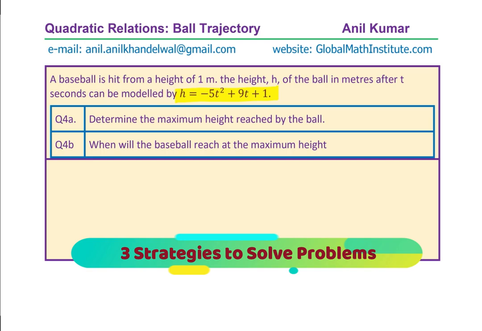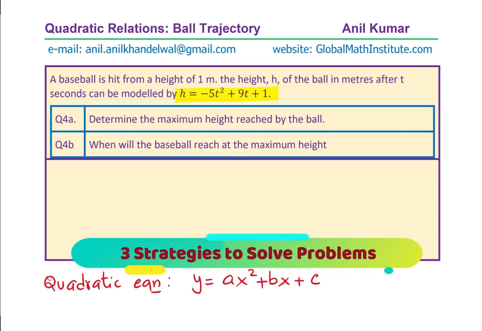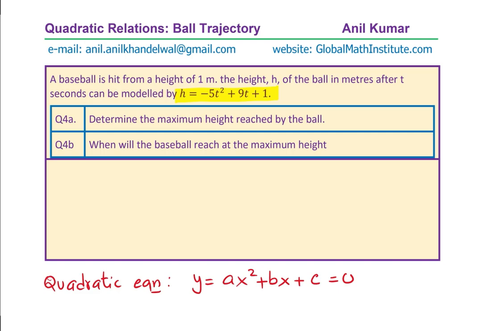Also remember that in general, if we have a quadratic relation y equals ax squared plus bx plus c, and if we equate this to 0 and solve, the solution will be: the formula is x equals minus b plus or minus square root of b squared minus 4ac, over 2a, right?